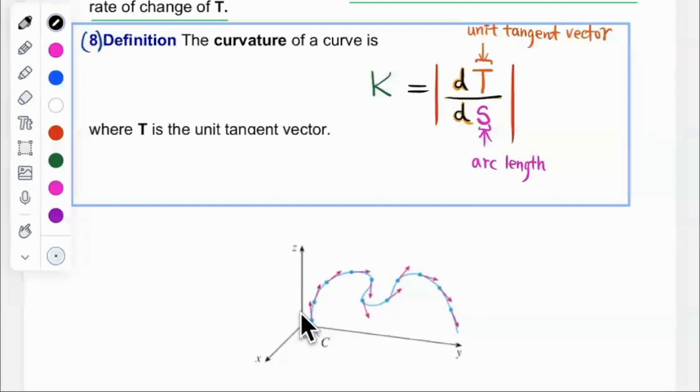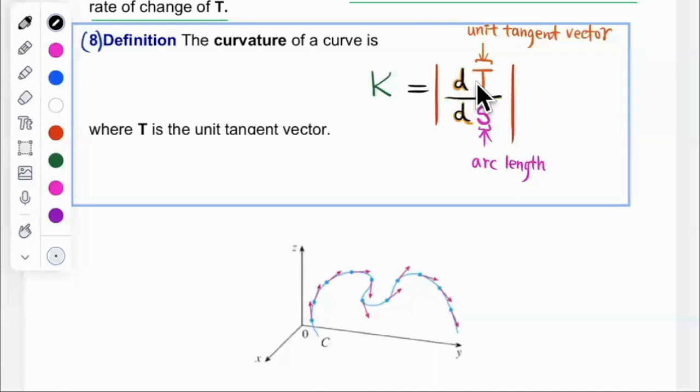And we define that to be the magnitude of the rate of change of the unit tangent vector with respect to arc length. So the notation for curvature is a fancy K, and it is going to be the magnitude. So we put the absolute value here. This one here stands for the magnitude.